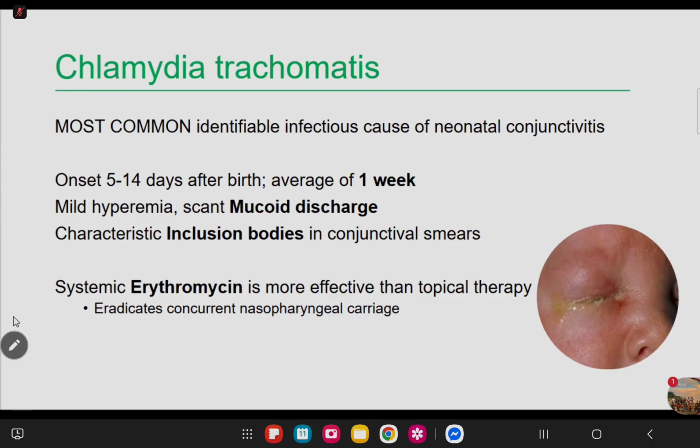So in these patients, even though we're also giving topical erythromycin, we also give systemic erythromycin, either oral or IV erythromycin in this case, since it eradicates concurrent nasopharyngeal carriage.